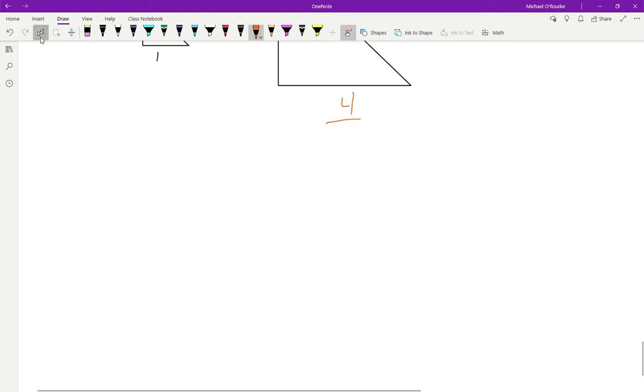So now, knowing that, I'm going to put 2 triangles down here. Actually, let's go with this one now. I'm going to give you 2 other numbers here. Let's go 10.